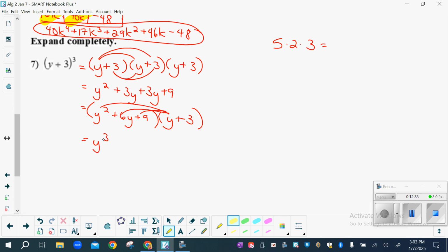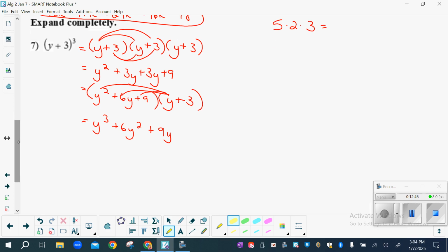So we get y to the third plus 6y squared plus 9y. And then when we multiply by the 3 here, we get 3y squared. I'm going to put it underneath the like term 6y squared, and it makes it easier when I go to add because the like terms are right there. Then I have 18y, and then I have 27.